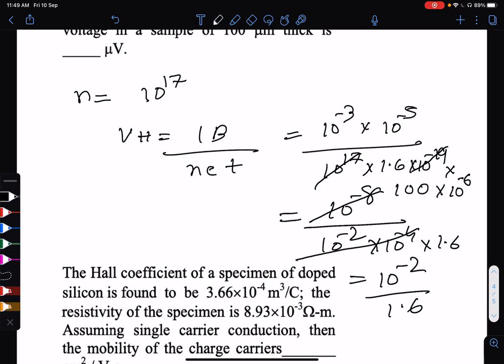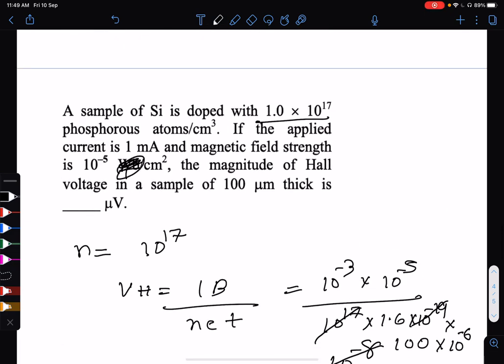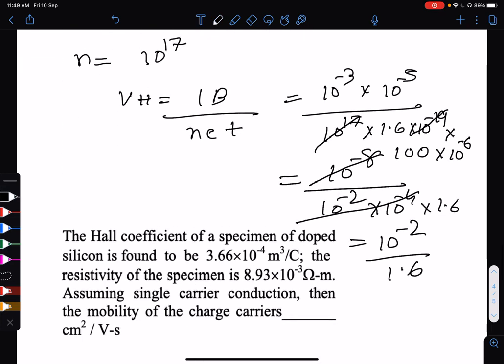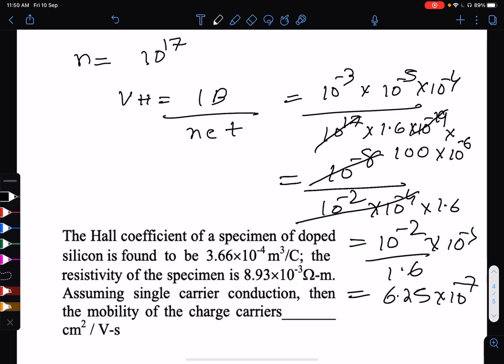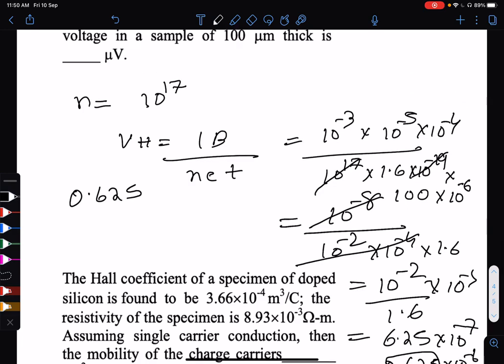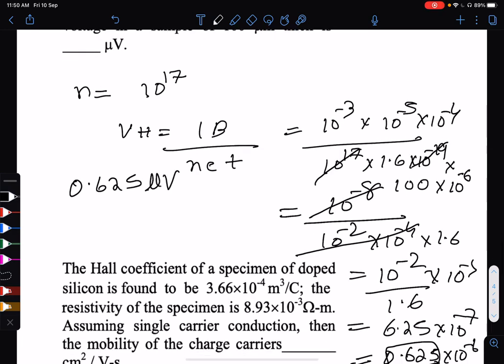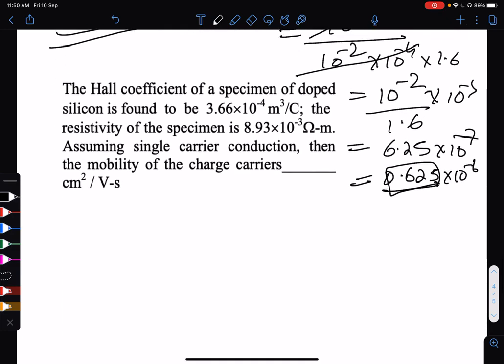Yeah, I think it is Weber itself. So Weber, we should multiply by minus 4. Here also minus 4. So 6.25 into 10 to the power minus 7, or we can say 0.625 into 10 power minus 6. So this is the answer for this, 0.625. You can check, I am doing this calculation so fast. You can check and confirm. This is the equation we are doing. You can confirm the equation.